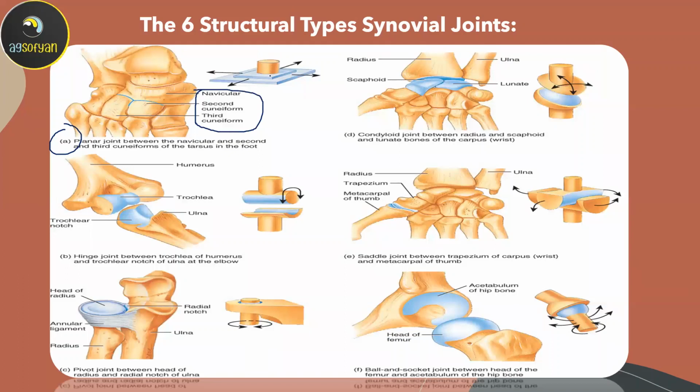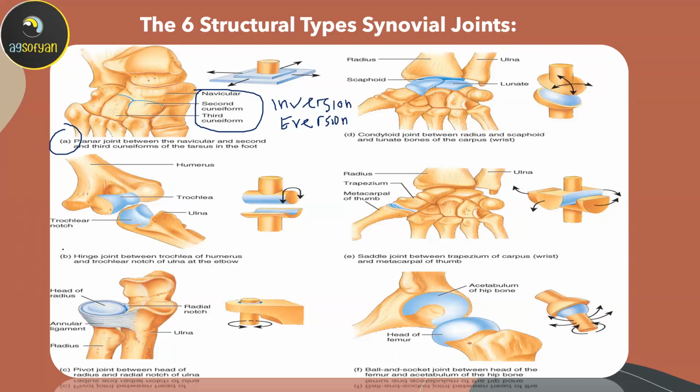The movement is gliding left to right, like when we move our foot inward, inversion, and also eversion, outward. This is actually done by this type of joint, the planar or gliding joint.